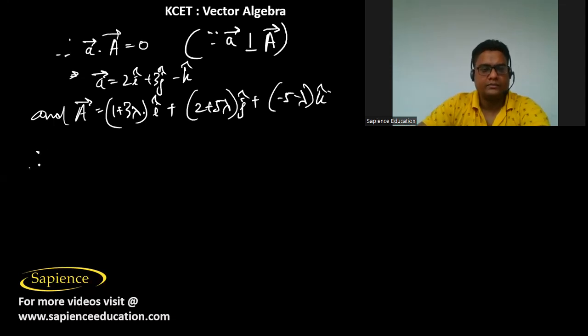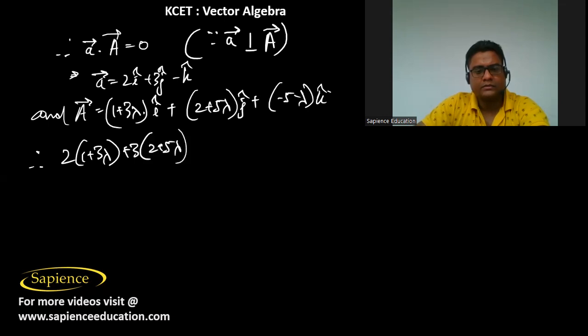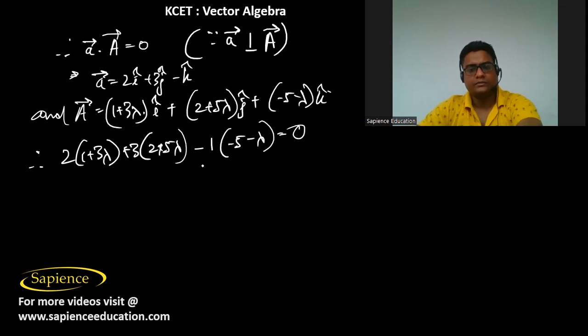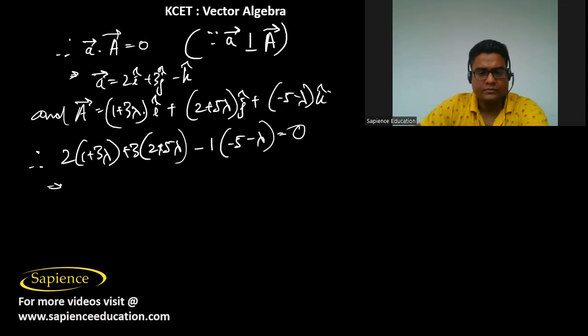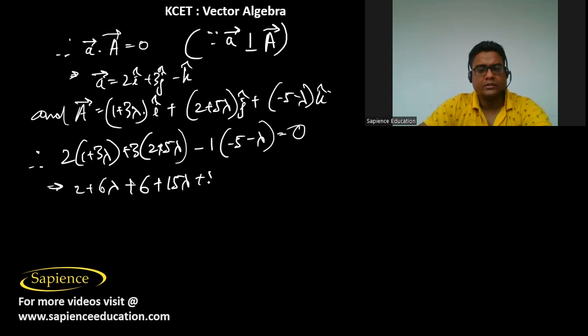So A' dot A, therefore, I can say 2 into 1 plus 3 lambda plus 3 into 2 plus 5 lambda, then minus 1 into minus 5 minus lambda, that should be equal to 0. Therefore, we can say this will be 2 plus 6 lambda plus 6 plus 15 lambda plus 5 plus lambda, that should be equal to 0.